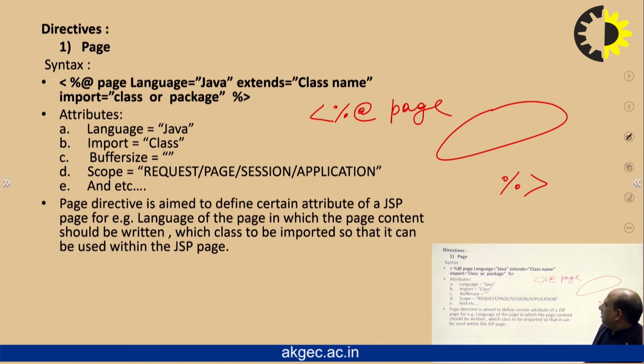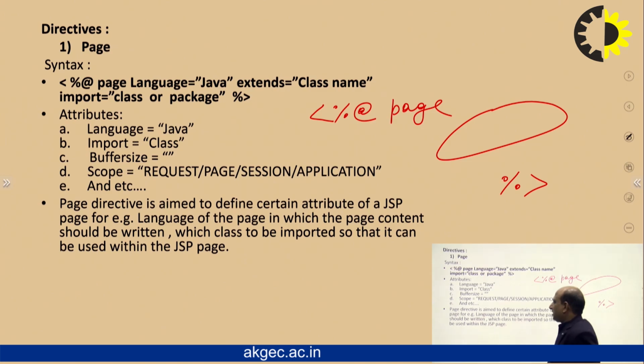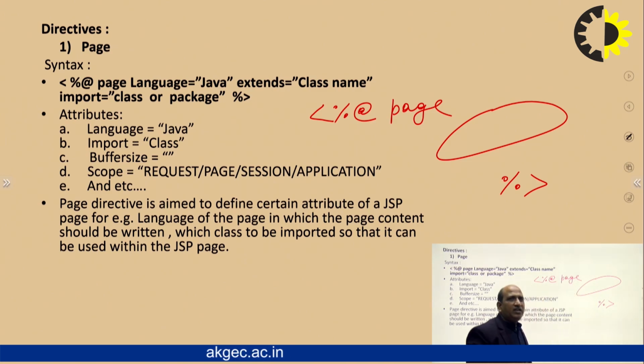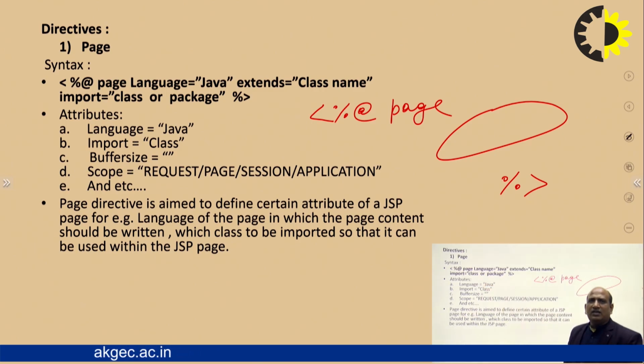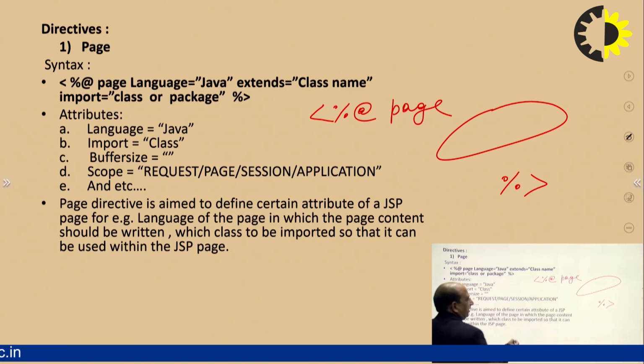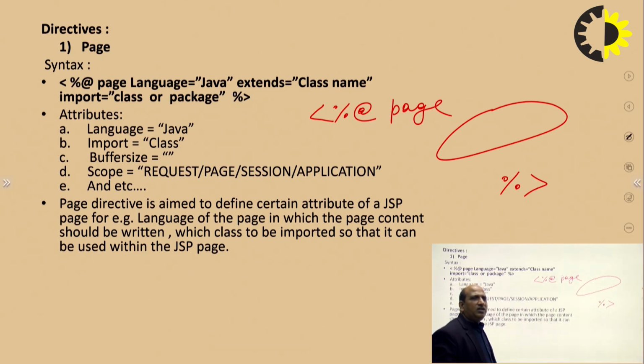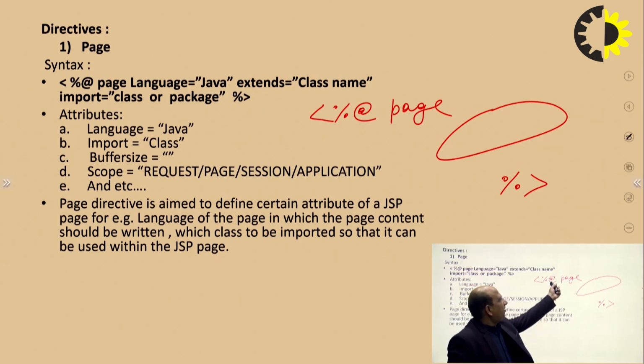This page directive has different attributes that we can use to direct the JSP engine about this page. As we already know, whatever attributes of any tags are used, they must be used at the time of the beginning tag.